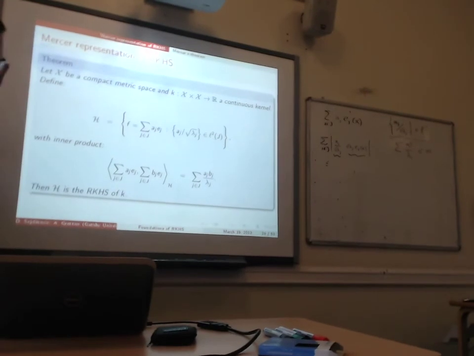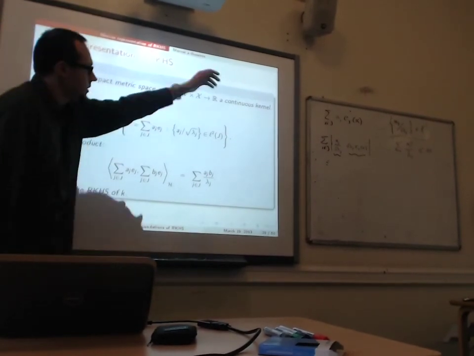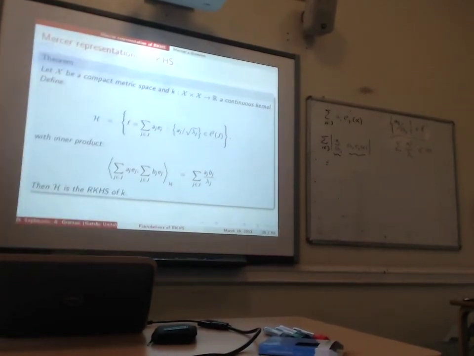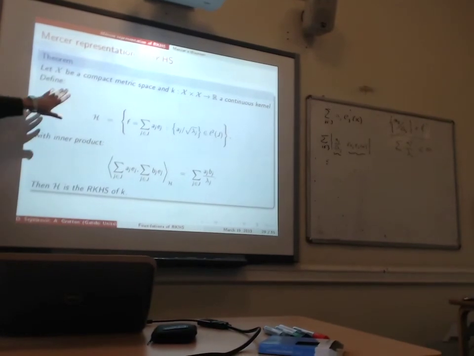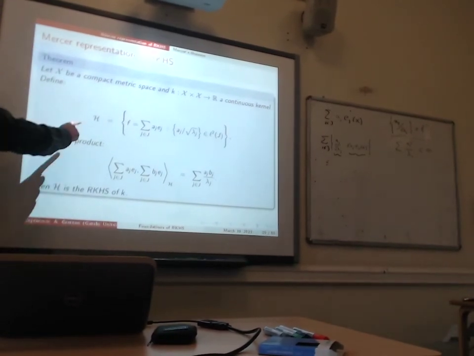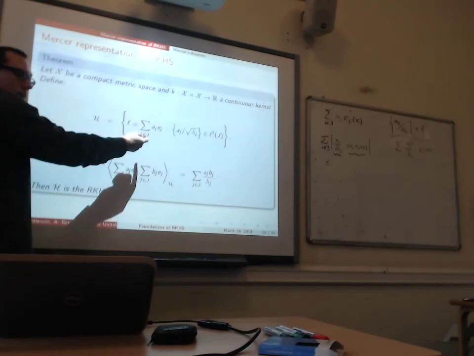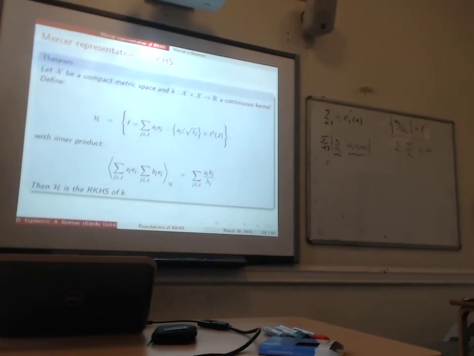Again, restate our assumptions. X is a compact vector space. K is a continuous kernel. And I define a space of functions in this way. I take functions exactly in that form that we've seen on the previous slide. I take my a_j's and pick coefficients that decay at the appropriate rate.